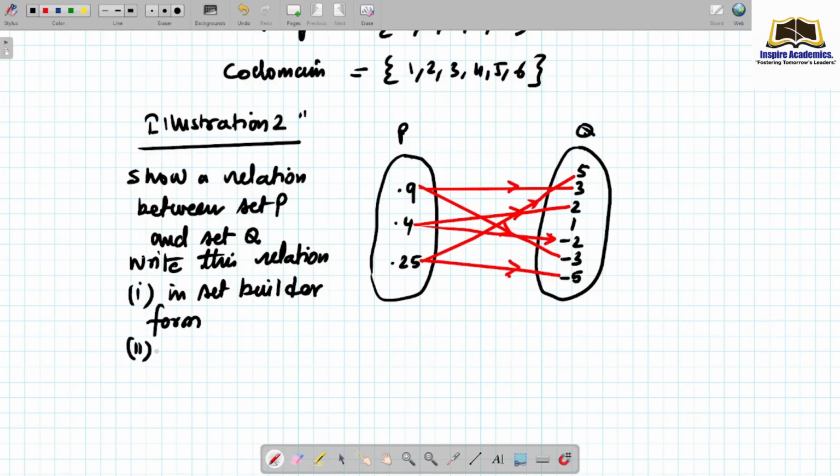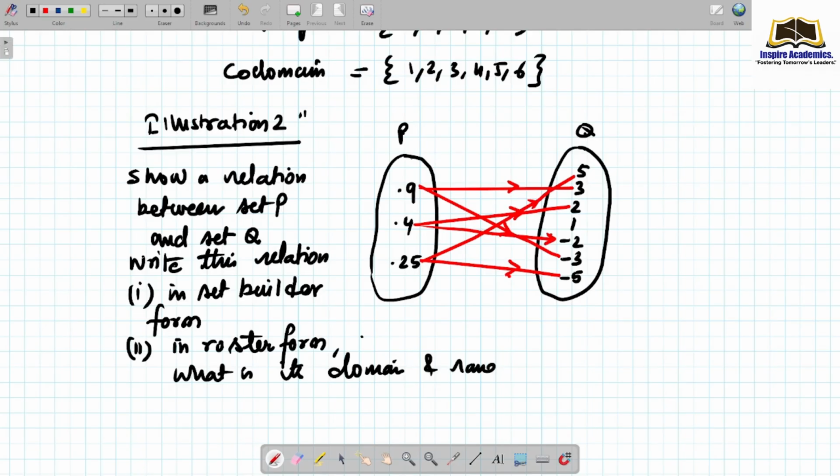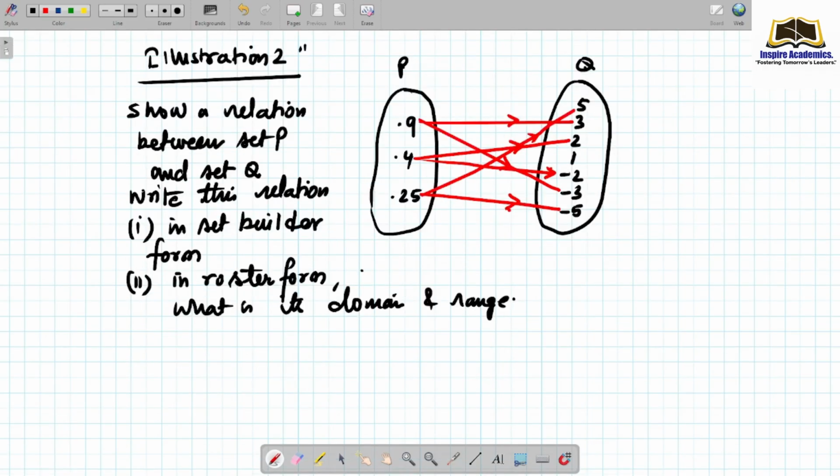Number 2, in roster form. What is its domain and range? So this is the question.